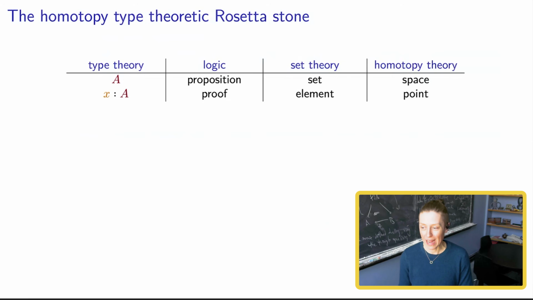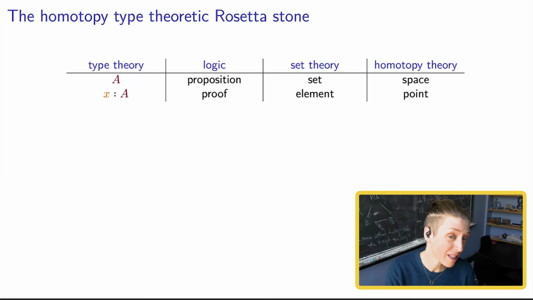So I mentioned this Curry-Howard correspondence in the setting of homotopy type theory. Let's call it the homotopy type theoretic Rosetta Stone. And this can be made more precise if we're discussing semantics of this homotopy type theory, which I don't really want to do today. Instead, let's think of this as a table of intuitions. On the left, we have the primitives of type theory: the types and the terms.